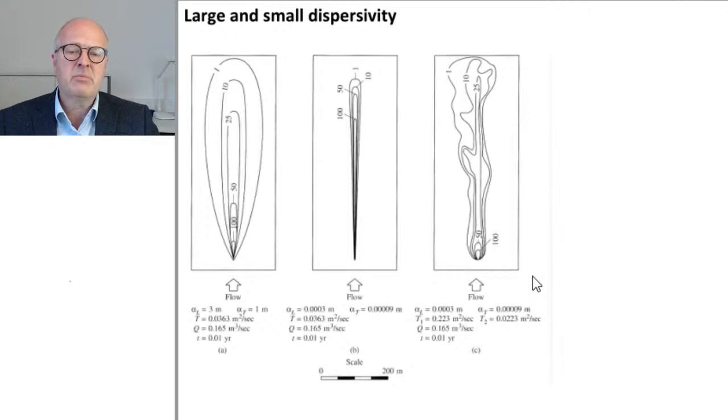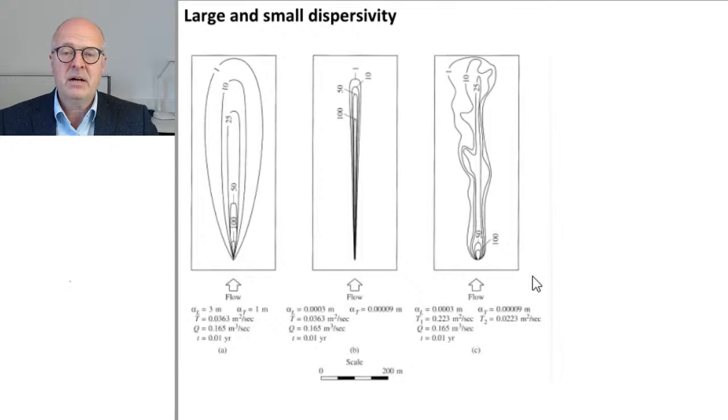You have some hydraulic parameters given here, like a flow Q of 165 liters per second, or 0.165 cubic meters per second. You have a time, 0.01 year, and you have a dispersivity given.